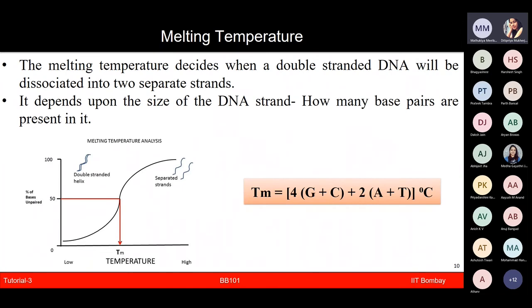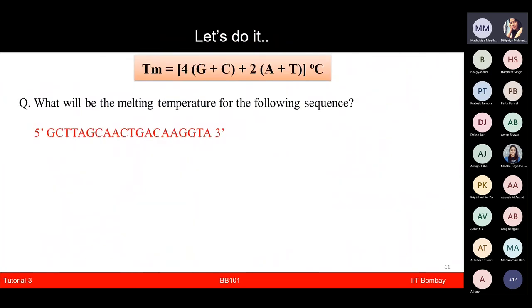So just a very short exercise: what would be the melting temperature here? How many GCs are there? 9. And how many ATs are there? I guess 11.